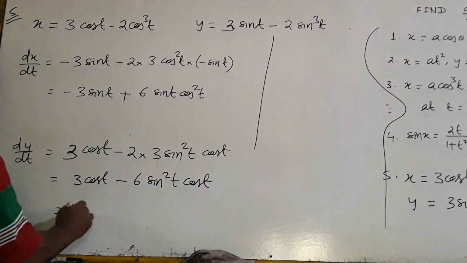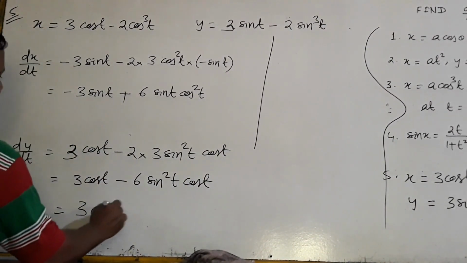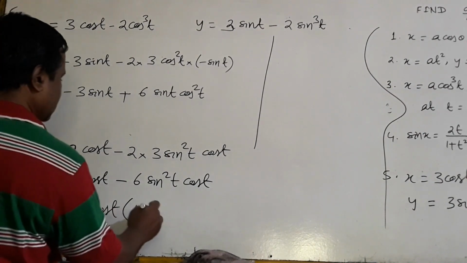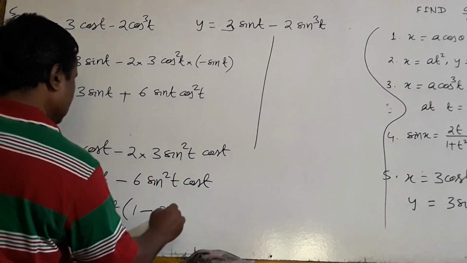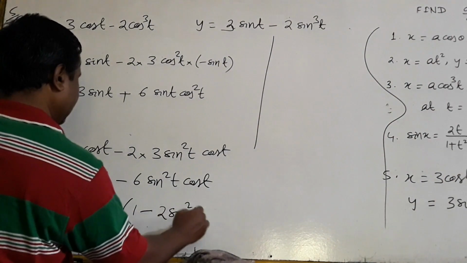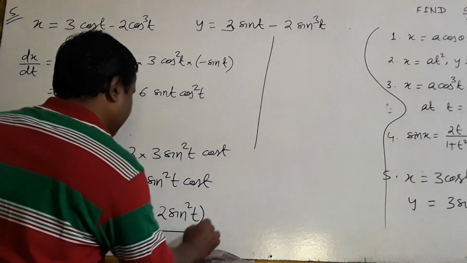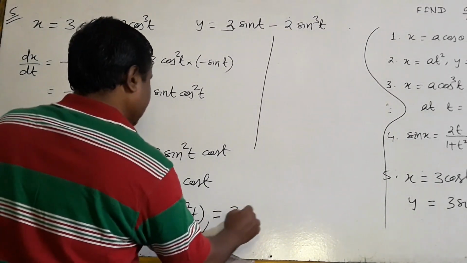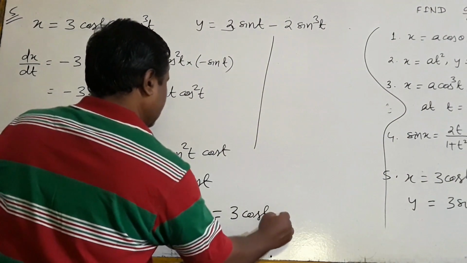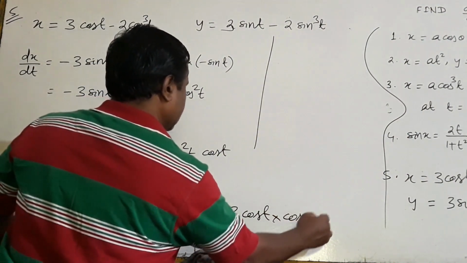I am taking 3 cos t common. It becomes 1 minus 2 sin square t. You know 1 minus 2 sin square t is cos 2t, one formula. I am applying it. It is 3 cos t into cos 2t.